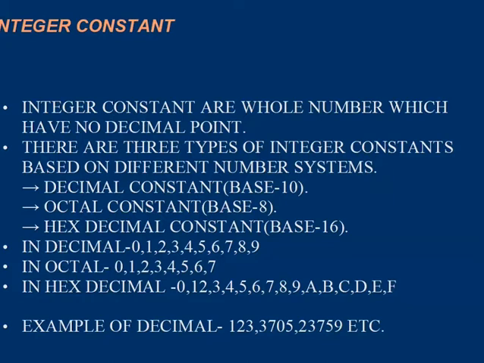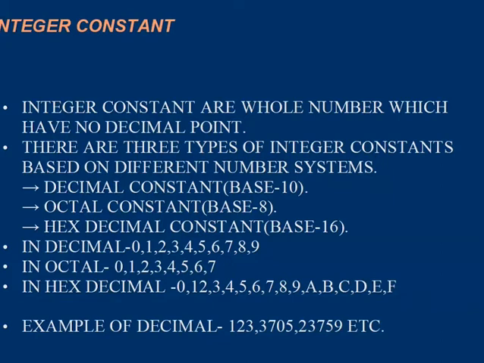In decimal you have a range from 0 to 9, that is 0, 1, 2, 3, 4, 5, 6, 7, 8, 9. In octal you have a range from 0, 1, 2, 3, 4, 5, 6, 7, that is 0 to 7. In hexadecimal you have a range from 0 to 15. So let us see 0, 1, 2, 3, 4, 5, 6, 7, 8, 9 and A, B, C, D, E, F. Now you will have a question why we have written these alphabets in hexadecimal.